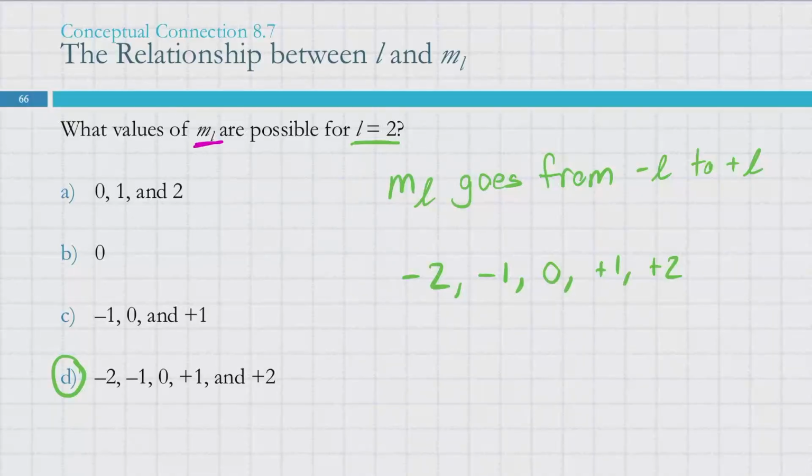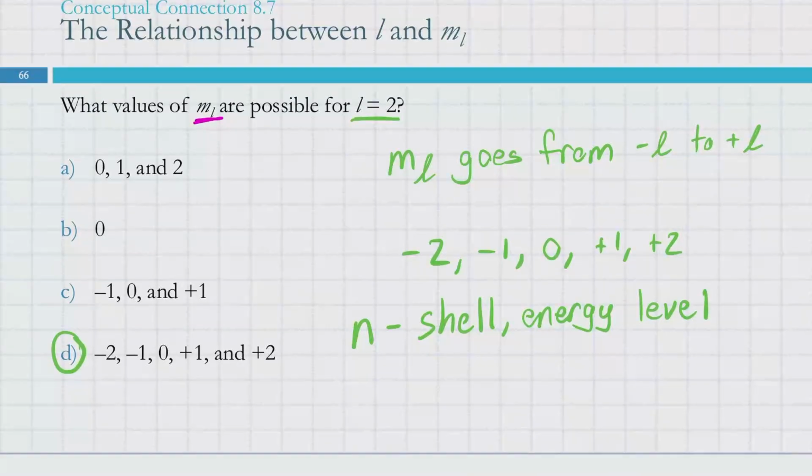Okay, so quick review, right? N is our shell or our energy level if we're thinking about Bohr's model. Inside of that, we've got L. And L, we also often call the subshell.